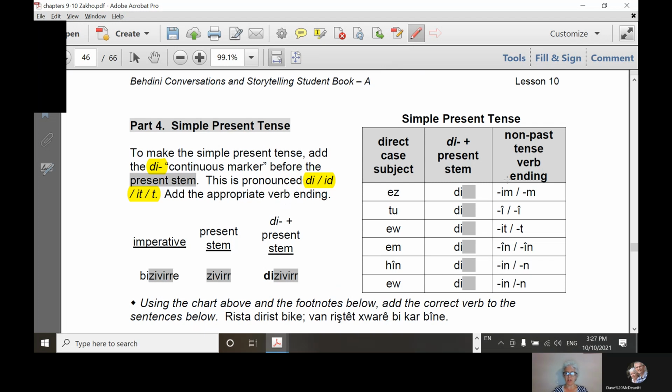Okay, so here's our chart, same as what we've worked with before, same verb endings, that is all exactly the same. It's just that now we have this d in front of our present stem. Okay, so let's review.